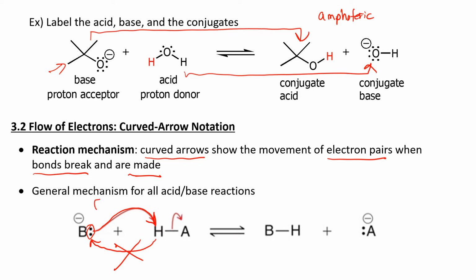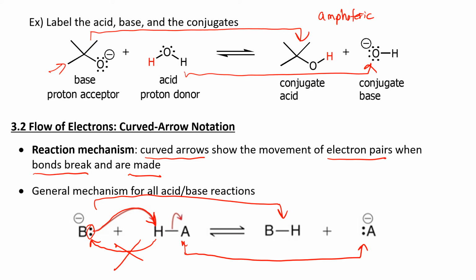Just look what happens to that structure in the products. It has gained a proton. Well, how does it do that? Because essentially the base attacks that proton. Now we have to get rid of the electrons. Look at the A here. It ends up with a lone pair of electrons and a negative charge.